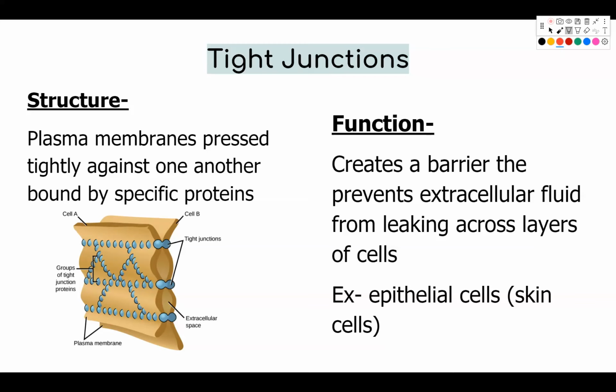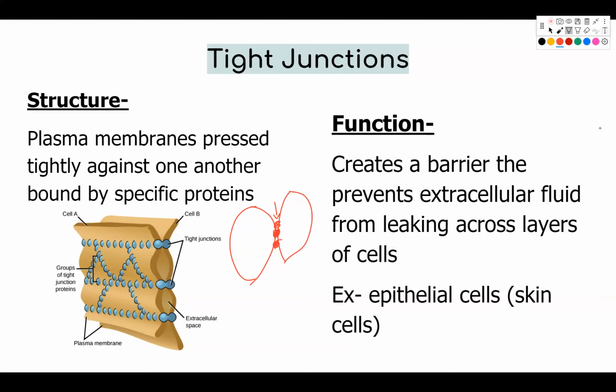Our tight junctions are just where our cells are pressed tightly against one another and bound by these proteins. So we don't need to know the specific protein, but if we have 2 animal cells, they can be held together by this protein or these proteins, and those are going to help perform our tight junctions.